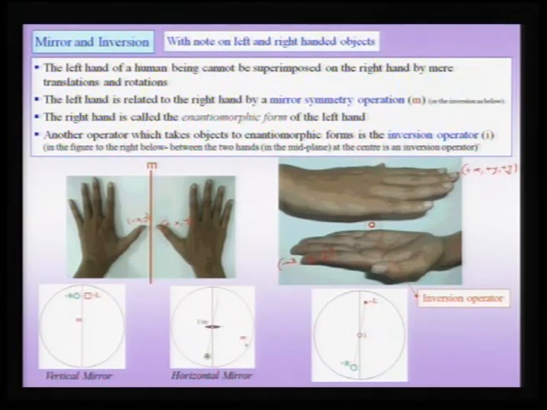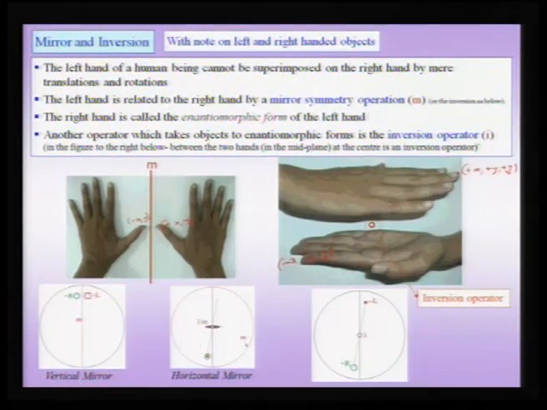If you look at the diagram shown right here below, if I start with a vertical mirror here and a right handed object which is above the plane of this sheet, then the right hand object is taken to its left handed object by the mirror plane. Of course, you could have a horizontal mirror as shown here, in which case you start at a point, say for instance a green right handed object above the plane, and it is taken to a red square which is actually below the plane by an exact distance.